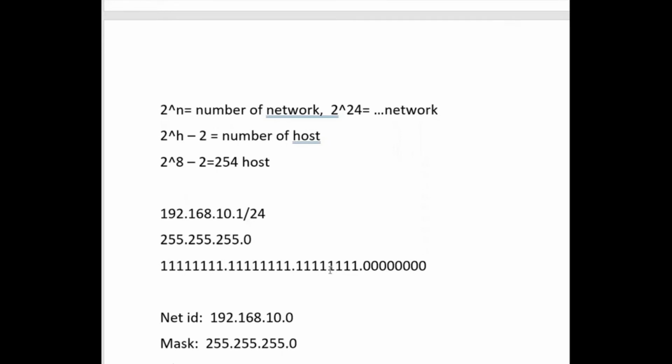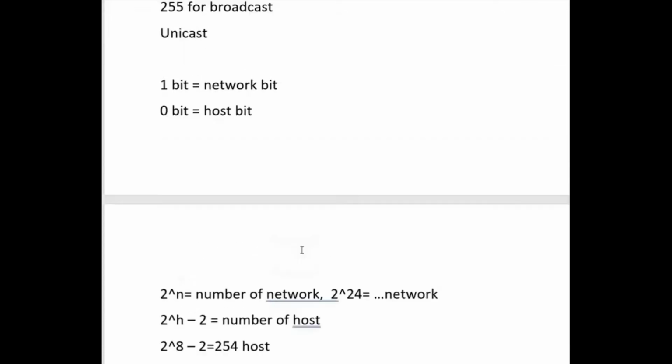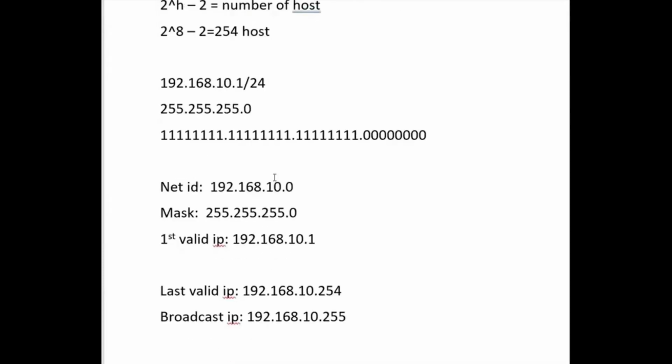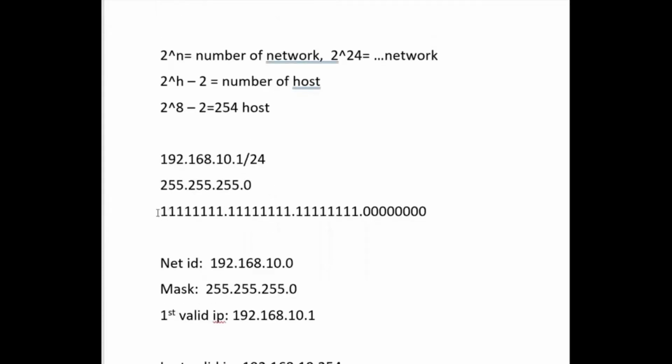So 24 bits are 1, and another 8 bits are 0. Now a 1 bit is a network bit, a 0 bit is a host bit. So that means we have 24 network bits and 8 host bits.